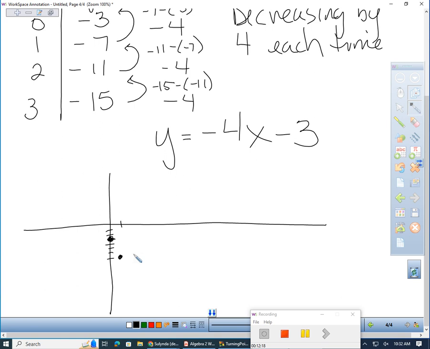I'm making the assumption we all know, but if we need to talk about it, okay. And then we have 2, -11, and 3, -15. There you go. Questions at all? So at 1 you put the -7. Yep. At 0 you put the -3. Yep.